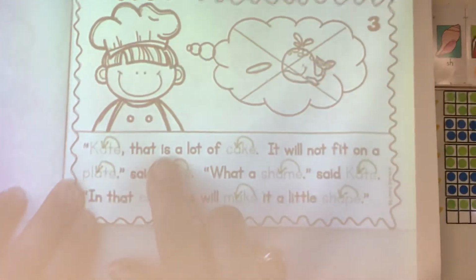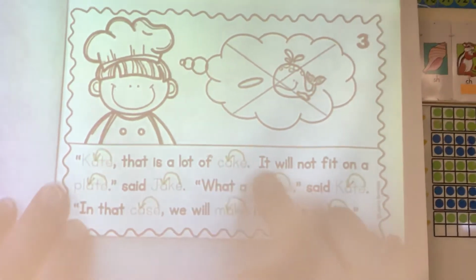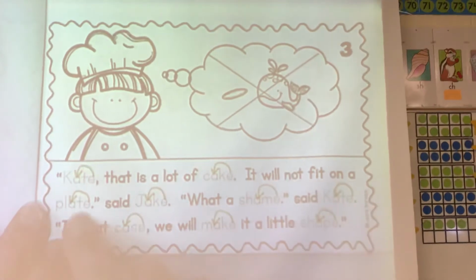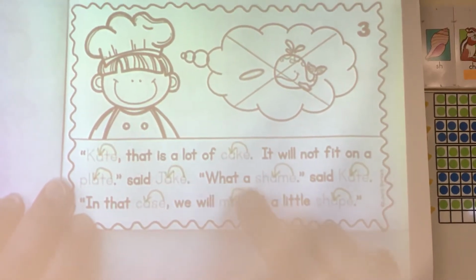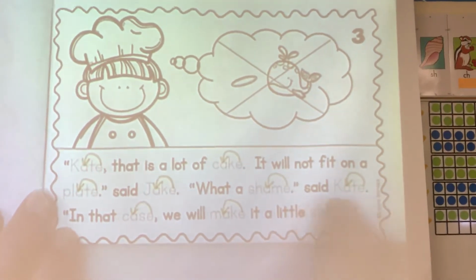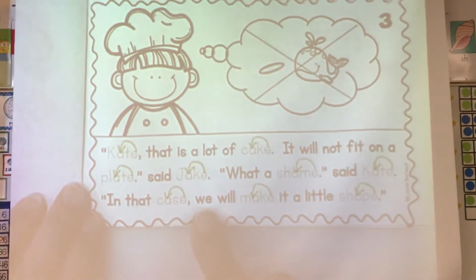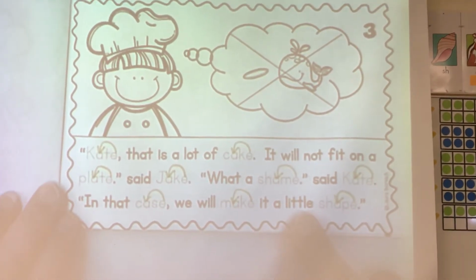Kate, that is a lot of cake. It will not fit on a plate, said Jake. What a shame, said Kate. In that case, we will make it a little shape.